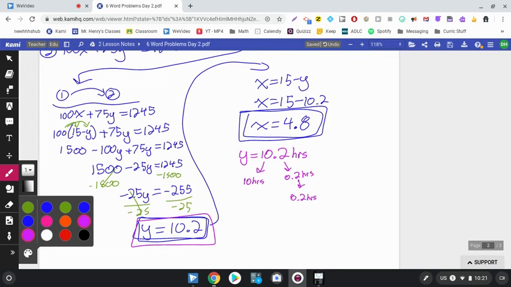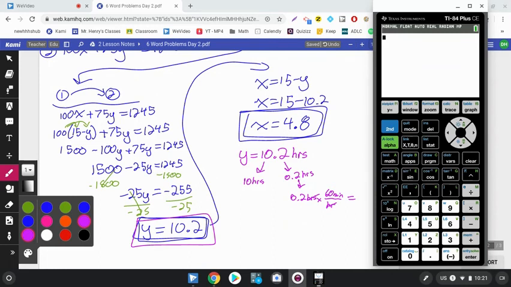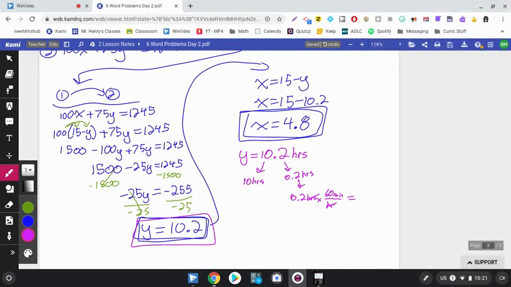Well, that's pretty easy. Okay. 0.2 hours. I multiply by a convenient factor. I know there are 60 minutes per hour. So this is actually unit analysis, also a science thing. Hours on top and bottom would cross off. 60 times 0.2 is 12 minutes.